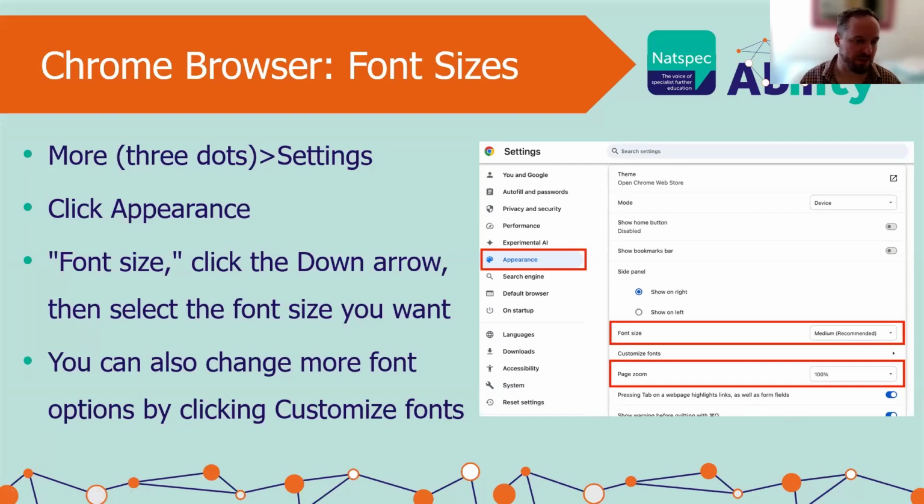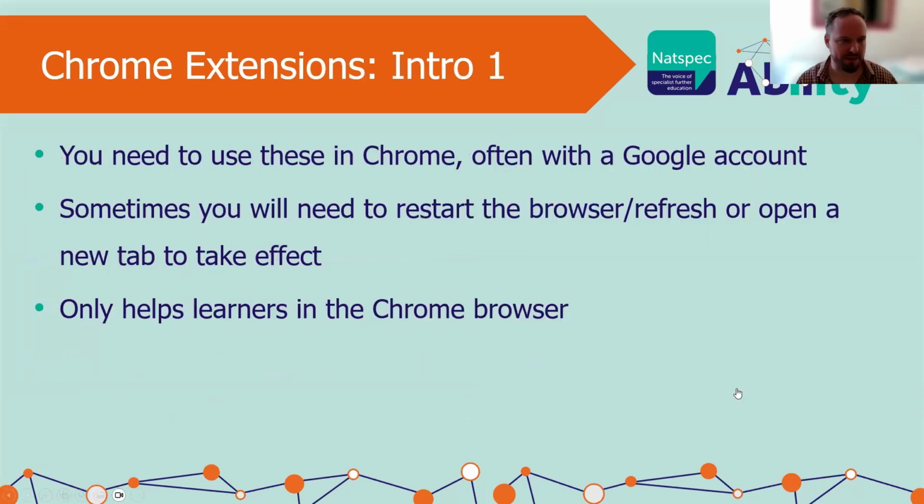You can also change the font options by clicking customize fonts. So you might want to choose a more accessible font. If a particular student or individual likes a particular font, then that's helpful for them. Those are quite limited options really in terms of accessibility.